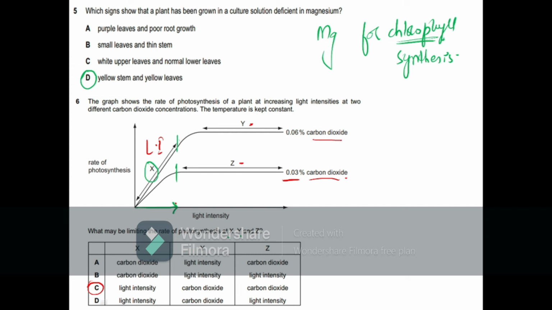Due to the light intensity, the rate of photosynthesis will become limited. But when you are increasing the carbon dioxide concentration from 0.03 to 0.06, what will happen? There will be an increase in rate of photosynthesis. But after this, it also becomes constant. So at point Y and Z, what is the limiting factor? Carbon dioxide is the limiting factor.